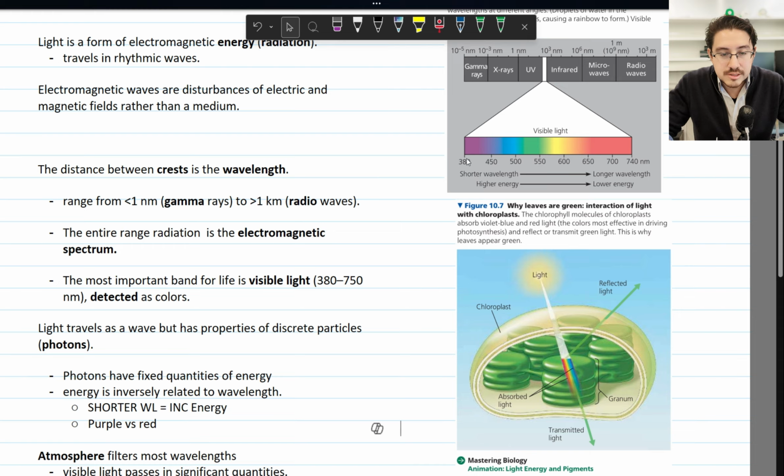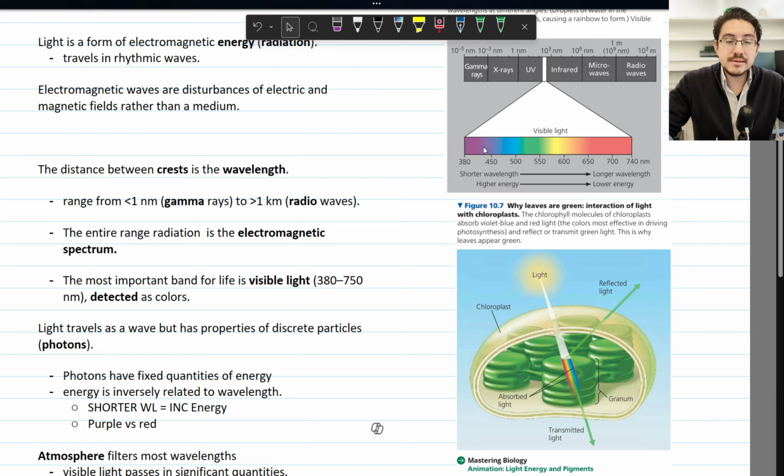This wavelength, where you get purple, is the shorter wavelength. As you increase the distance, you get longer and longer wavelengths until you get to the 740 to 750 area, which is basically the red wavelength.